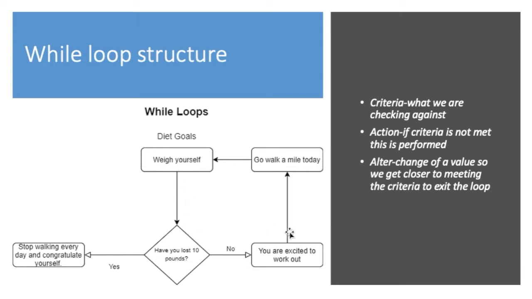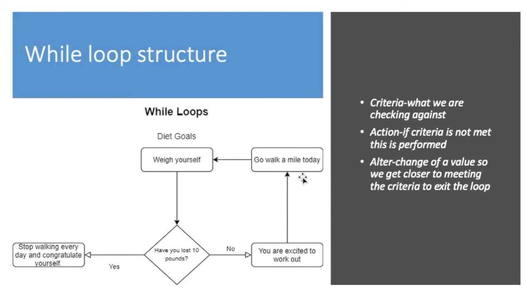Next, the action. If the criteria is not met, as I said, you step into the loop and do the action. Once inside the while loop, an action should take place. In the diagram to the left, the action here is you being excited to work out, which is right here. Now after the action, we have the altering statement. While still inside the loop before checking the initial criteria again, we need an alternate action so that we become closer to meeting our criteria.